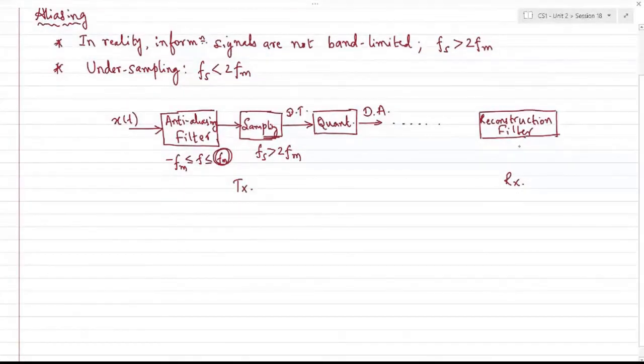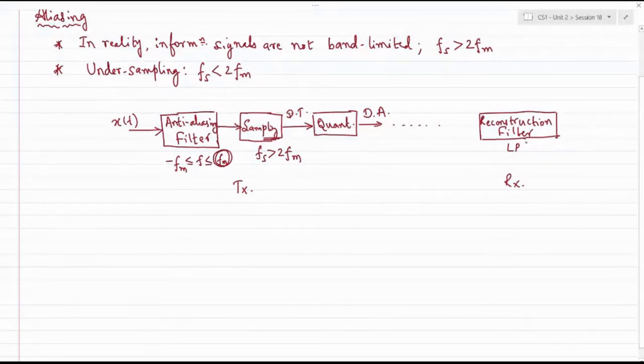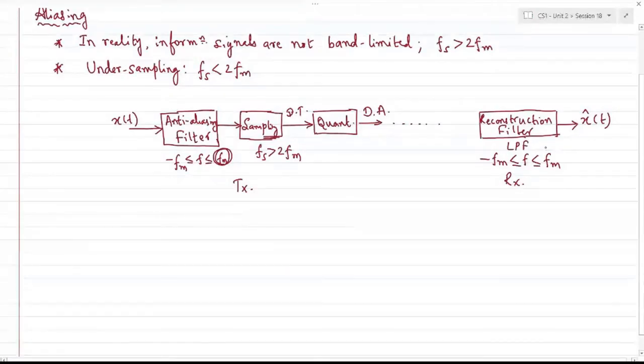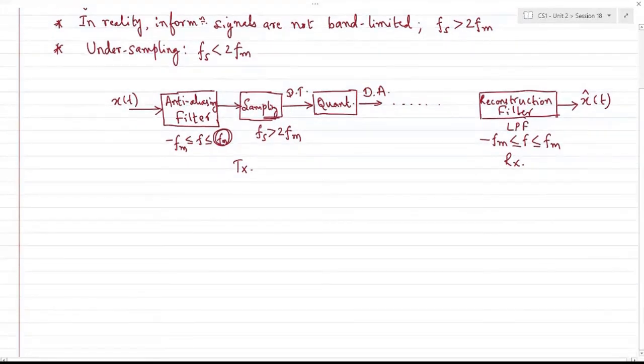This is again a low pass filter which will give you an approximate x hat of t, which represents an estimate of the original transmission sent by the transmitter end. This reconstruction filter is a low pass filter with a pass band extending again from minus FM to FM. Then definitely the original information signal can be reconstructed very faithfully.